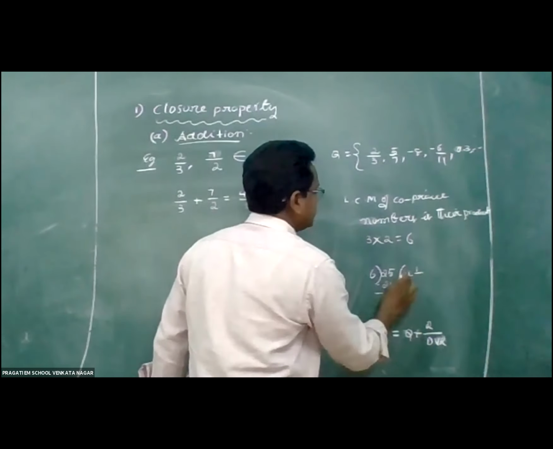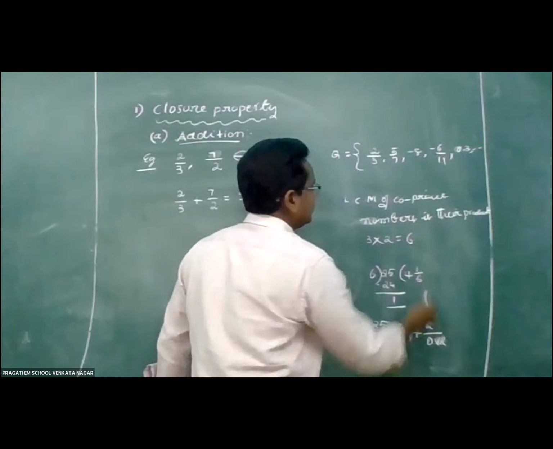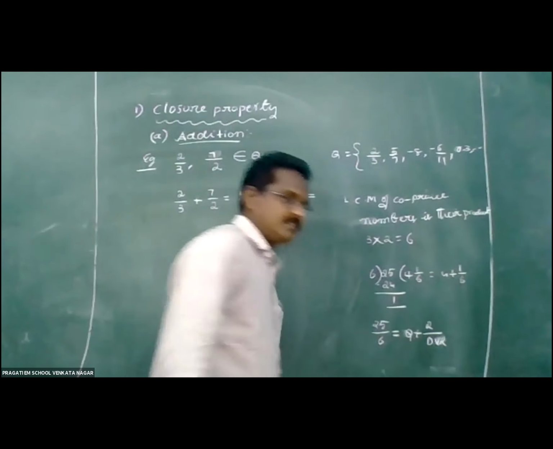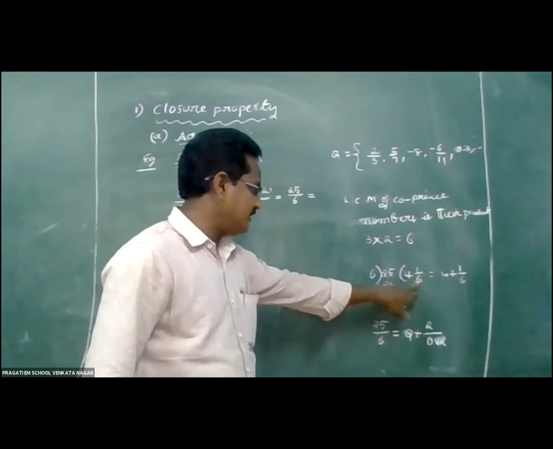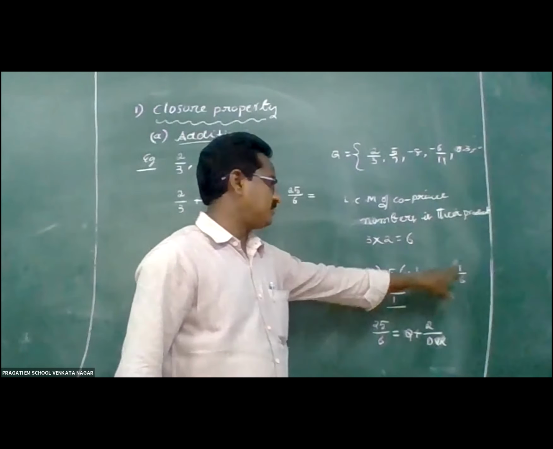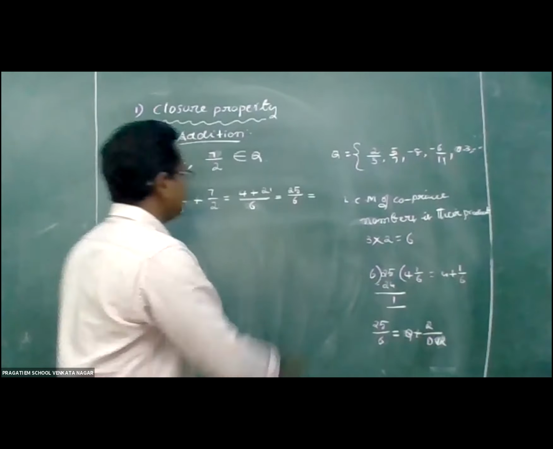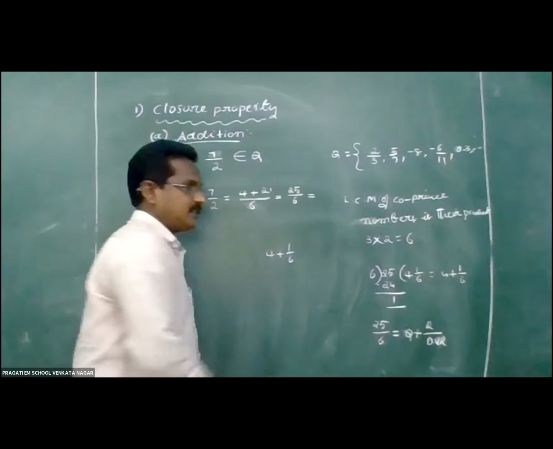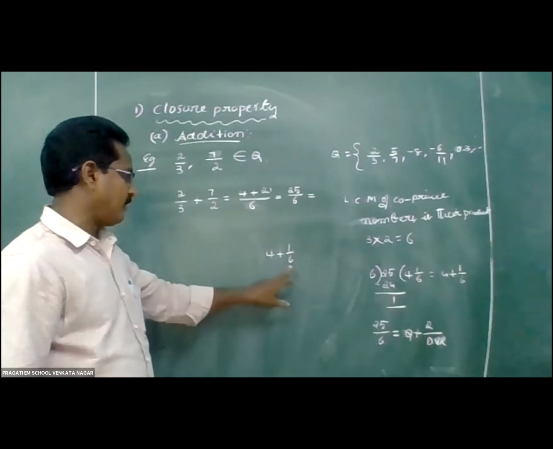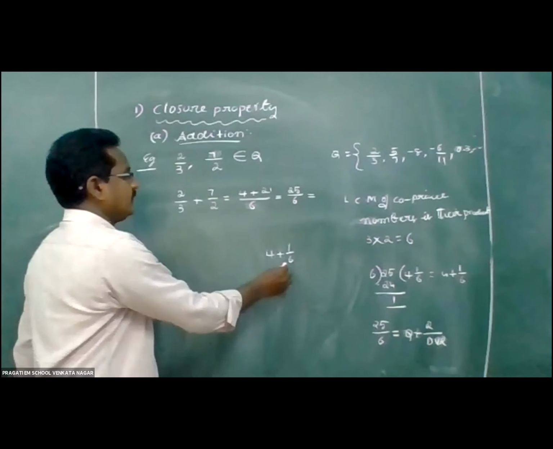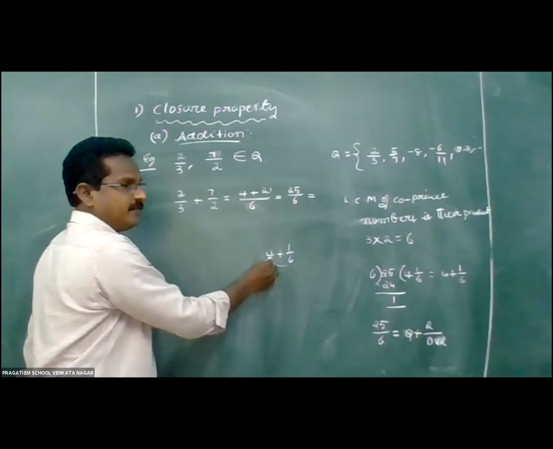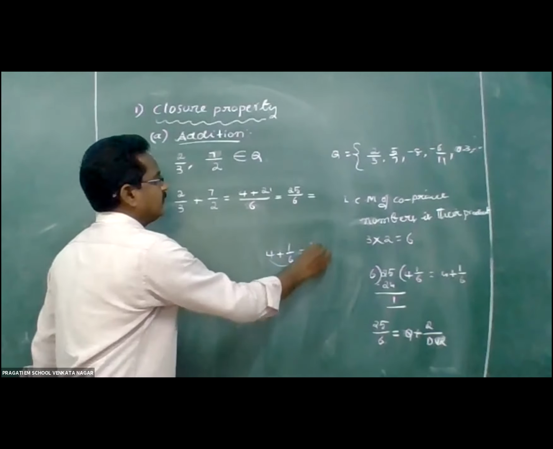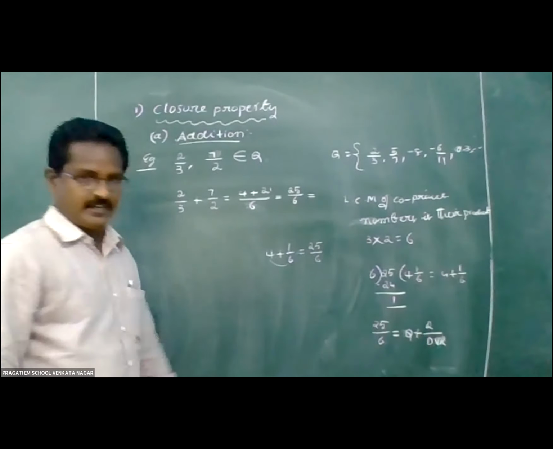So it can be written as 4, 1 by 6, which is nothing but 4 plus 1 by 6. Like this also you can write 4, 1 by 6, which is nothing but 4 plus 1 by 6. Suppose this mixed fraction again can be changed into an improper fraction. We know, here see, 6 4s are 24. 24 plus 1, 25 by 6. Like this also we can write.